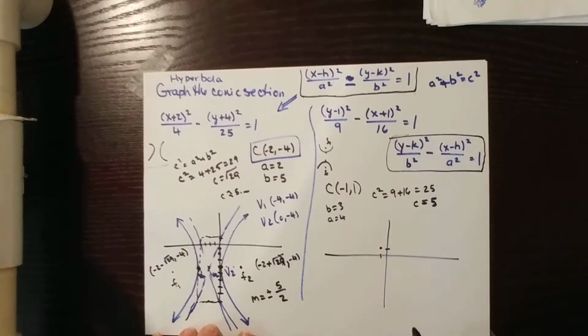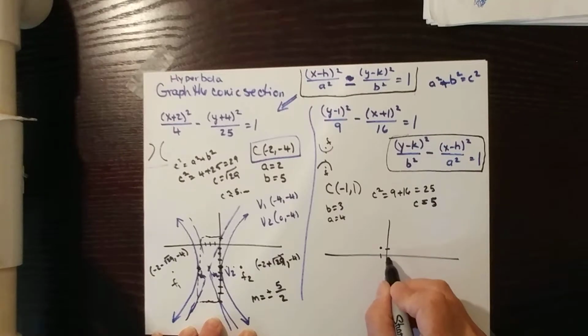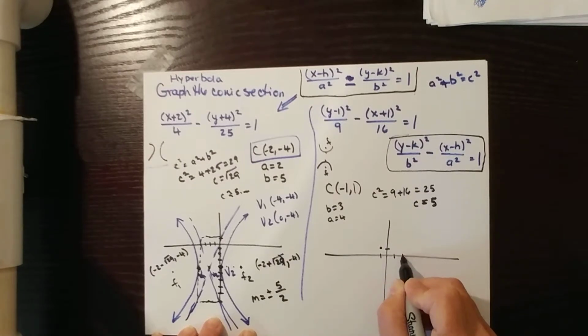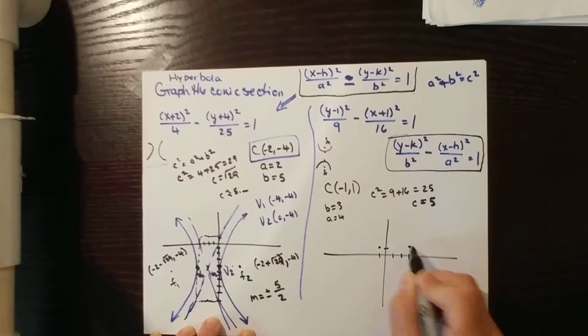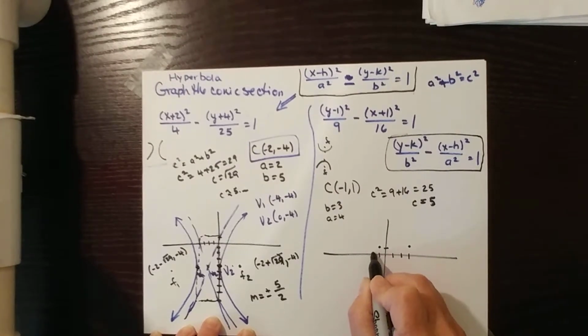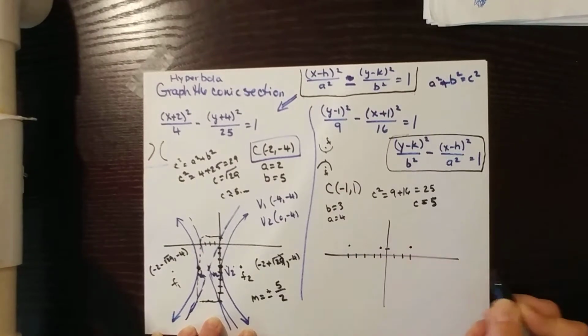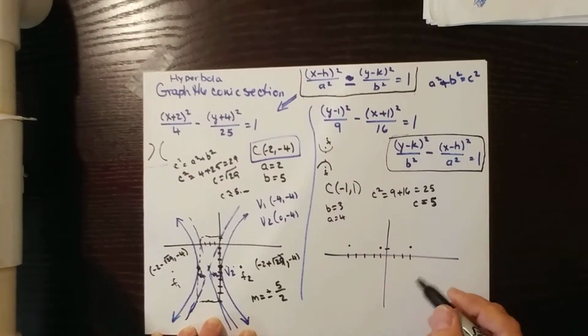So we'll go left, right, a, which is 4. So we're going to go 1, 2, 3, 4. And then here is our important point. And then we're going to go left, 1, 2, 3, 4. And here's our important point. And then we're going to go up b.